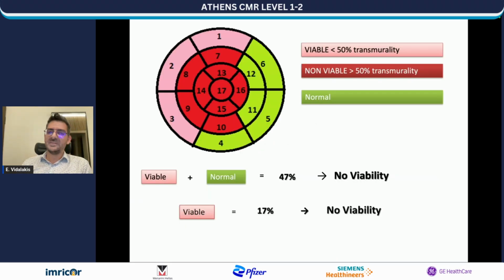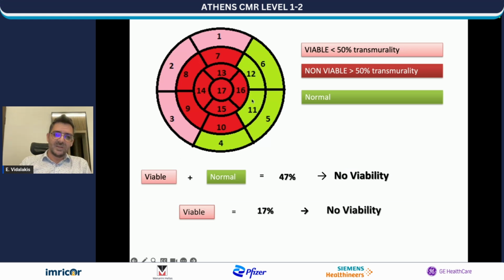Actually, if we see the bullseye of viability, you can say that all these segments with the red color are not viable because they have almost transmural scar. So there is no point to revascularize them and revive them.